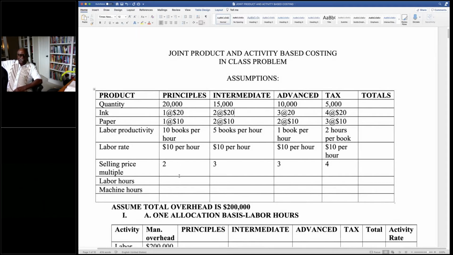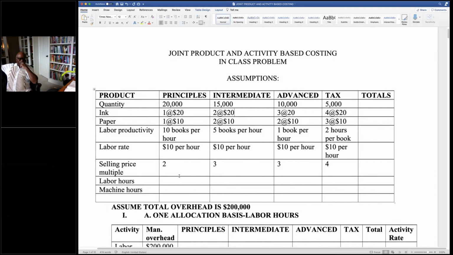Okay, so we need 20,000. I know how to do this. Yeah, we take the quantity of 20,000 and we divide that by 10 books per hour for the first one. Yes, thank you.